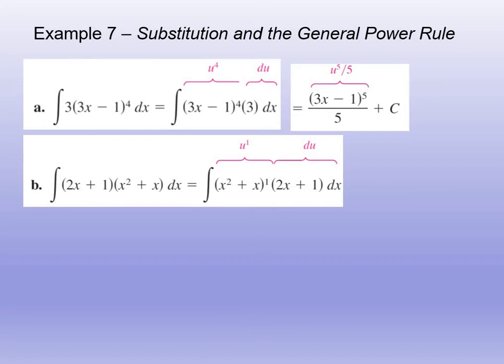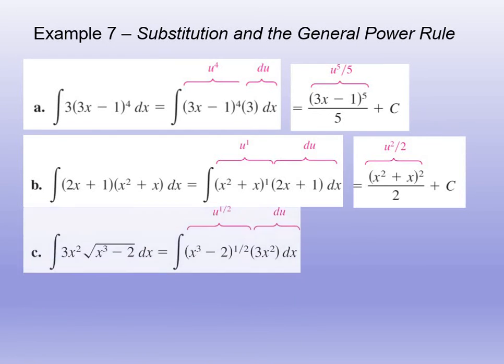So now we can replace that entire 2x plus 1 dx with du, and we literally just have u to the 1st. And now we know how to take the integral of u du. It just becomes u squared over 2. So we get u squared over 2, and then we replace u back with x squared plus x. So our final answer here would be x squared plus x quantity squared over 2 plus c. So hopefully we're getting the gist of u substitution here.